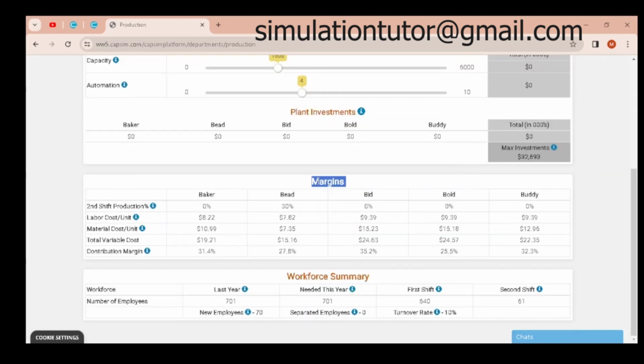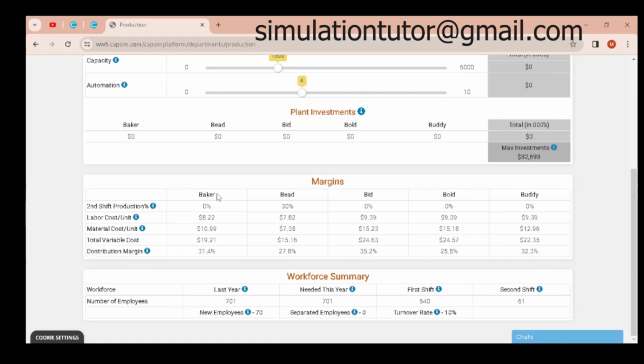Next, we have the margins. And under the margins, we are going to learn about the second shift production in percentage for all our products. We have the labor cost per unit, the cost of labor per unit. Then we have the material cost per unit, material cost for our plants. Then you have the total variable cost, and then you have something called the contribution margin for all our 5 products.